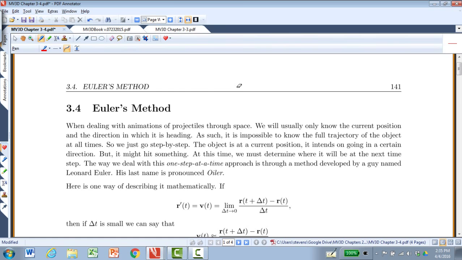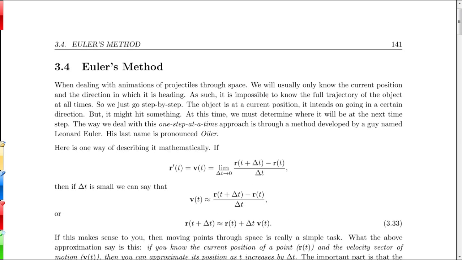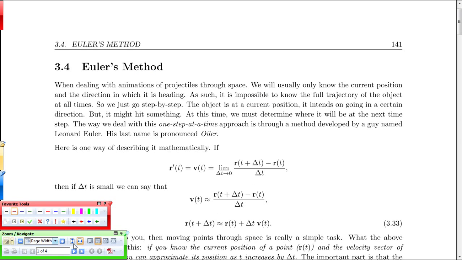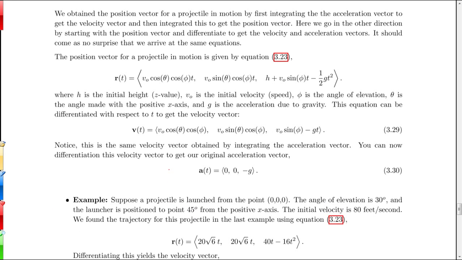Okay, so we're going to put this into full screen mode before we start talking about Euler's Method. I'm going to go back to Chapter 3.3. Back there, we derived this function, which was the position for a projectile in motion.